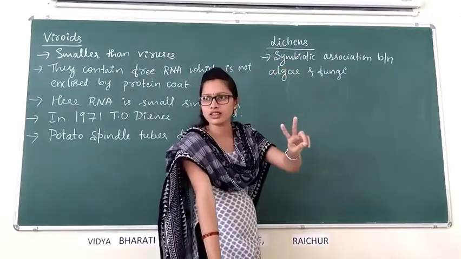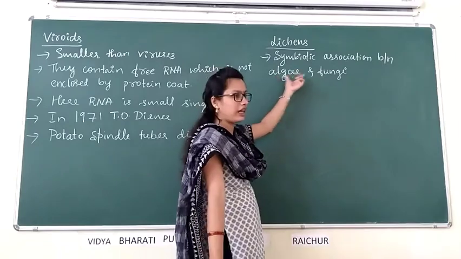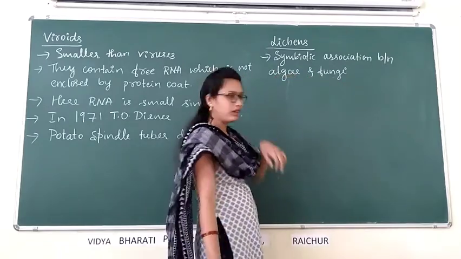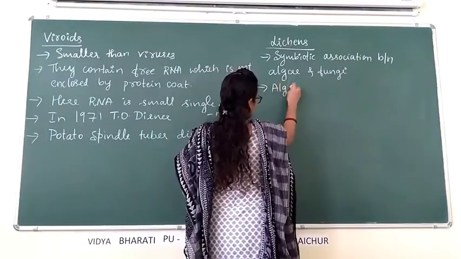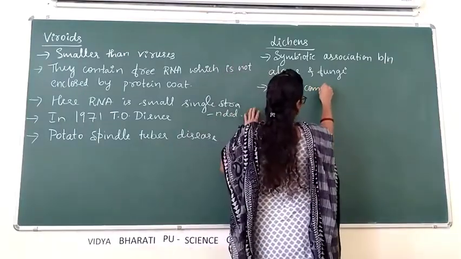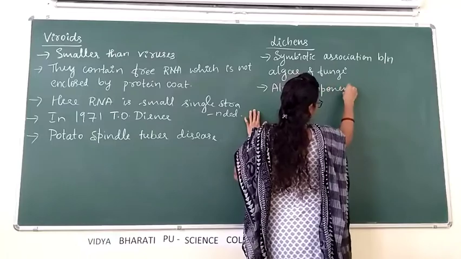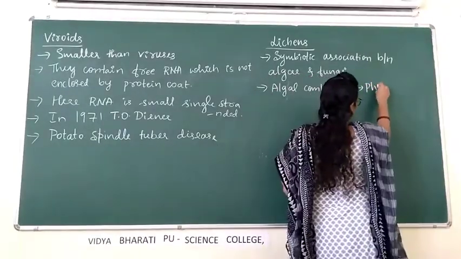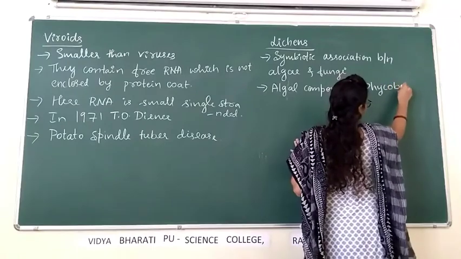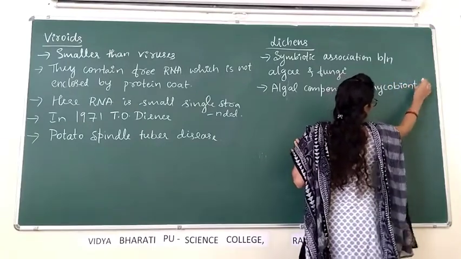Here two partners are there: one is algae and the other is fungi. The algal component is called phycobiont. What is phycobiont? It is a 1 mark question.